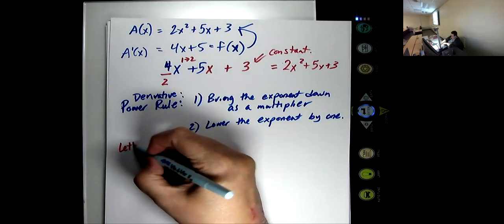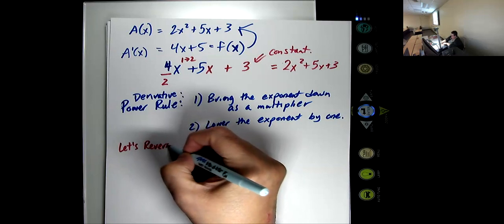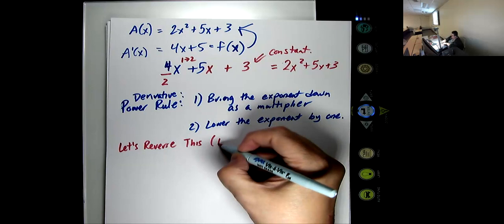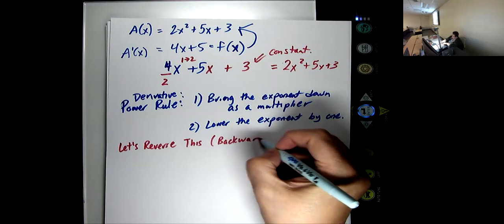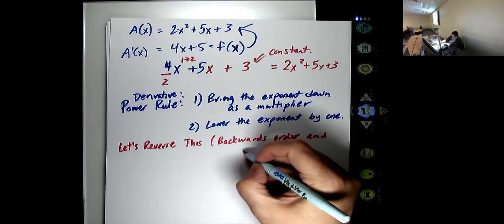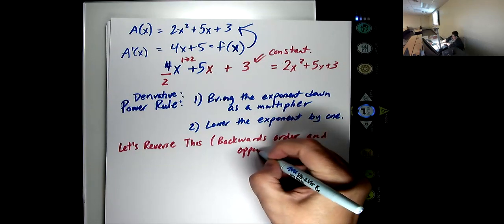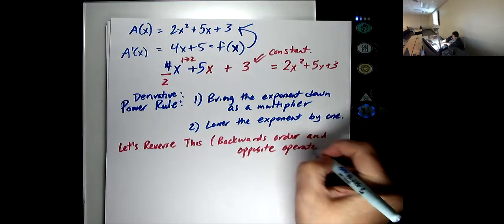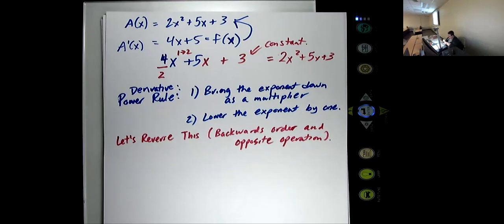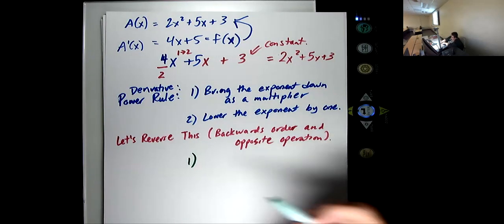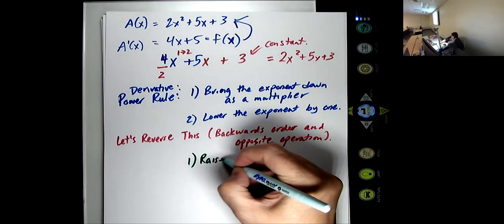Let's reverse this. And when I mean reverse, I mean reverse. Backwards order, backwards operation. Opposite operation. If I do that, reversing the order, instead of lowering the exponent by 1, I'm going to raise the exponent by 1.